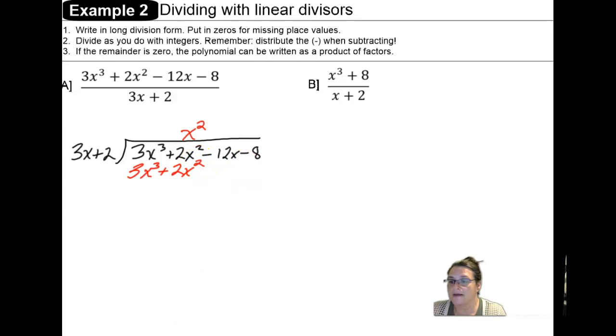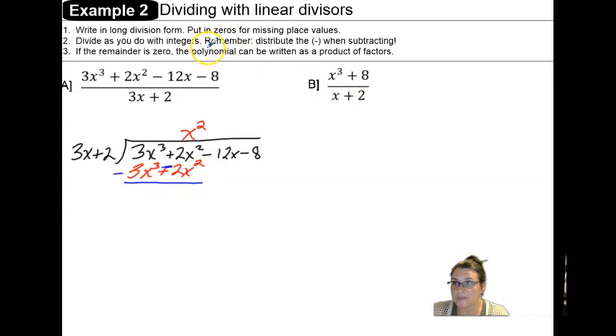Okay, and then I'm going to draw my line and change the sign, and I'm subtracting this whole binomial here. So that means I'm distributing the negative to the 3x cubed and also to this positive 2x squared. So I'm subtracting both of those, right?